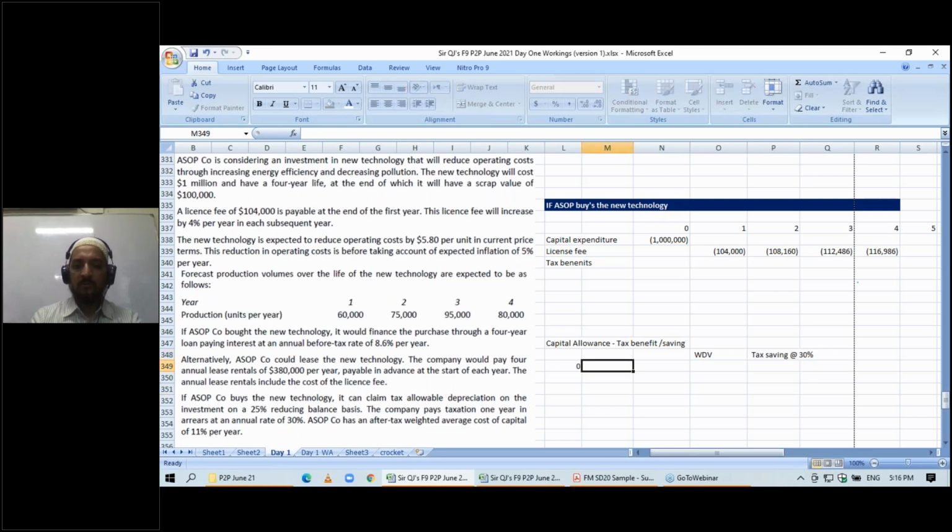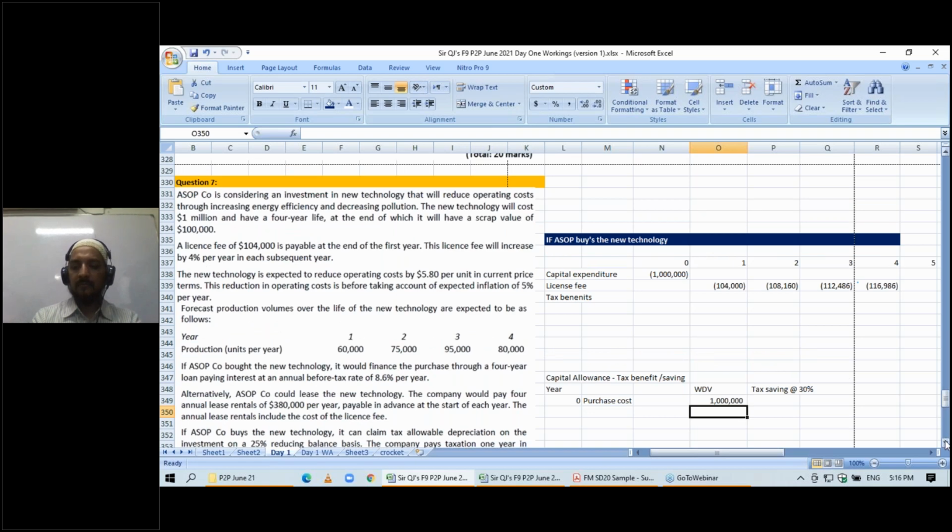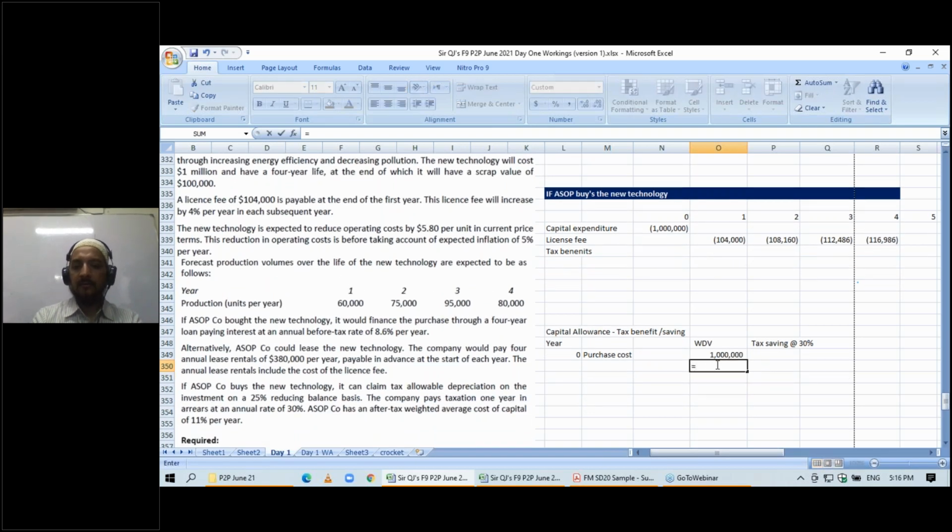So on year 0, the purchase cost of the asset is 1 million, and then the capital allowance on this will be 25%, which is 250,000. This is for year 1. Then if you deduct 250,000 from it, you are left with 750,000.